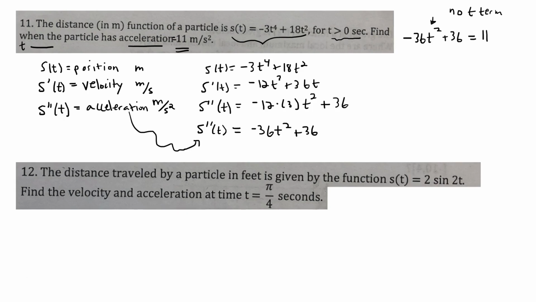So let's see here. What's the best way to do this? I think actually we'll end up taking this 36t squared over and then moving the 11 over. So 36 take away 11 and 36t squared. Are you sure this is right? Negative 12 plus the 30.